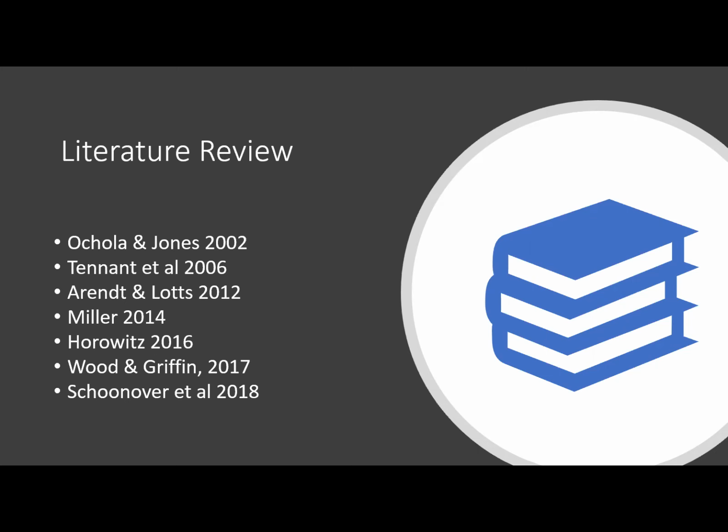Ocala and Jones in 2002 wanted to improve liaison relationships at Baylor University between librarians and faculty. At that time, faculty held the funding for collections in the library. So the librarians at Baylor used a short survey, which was sent to faculty library reps.